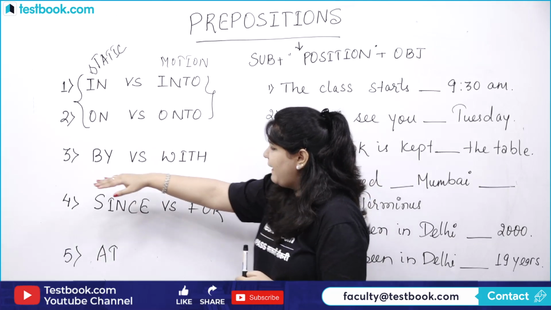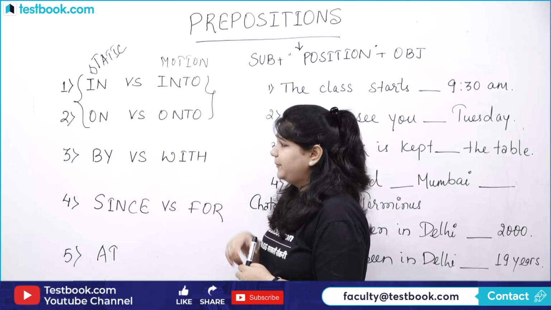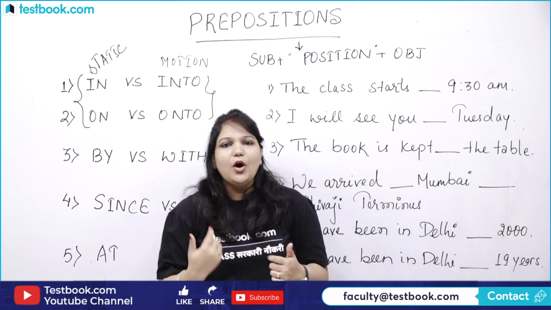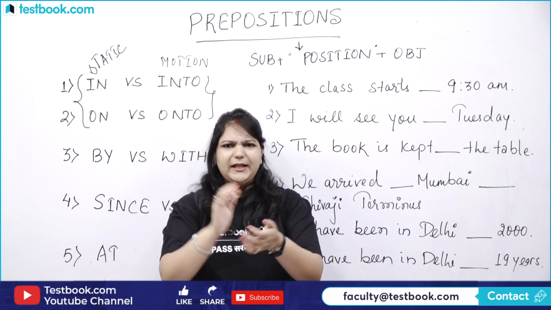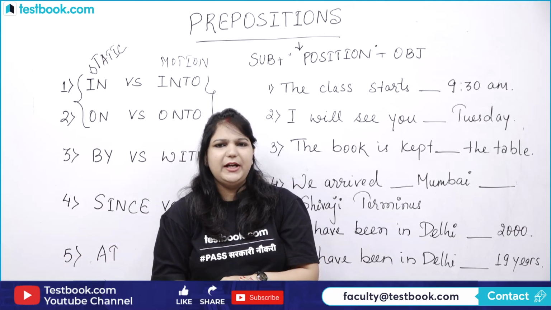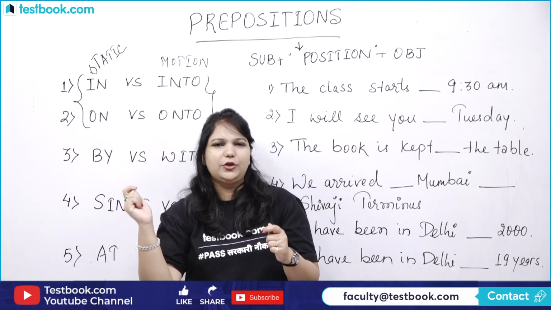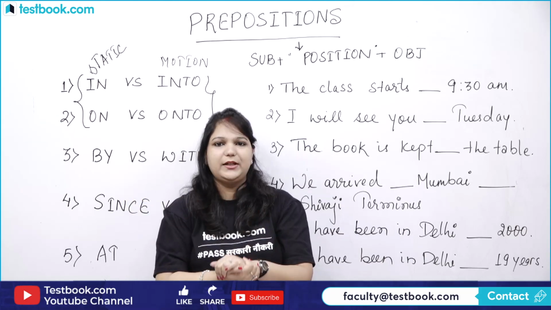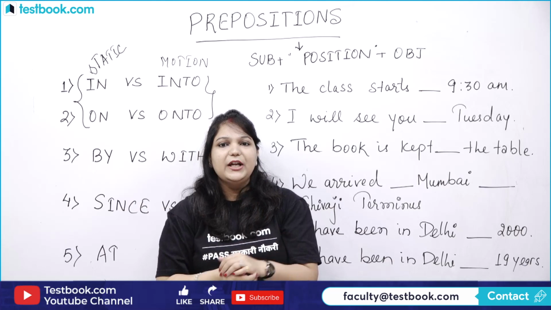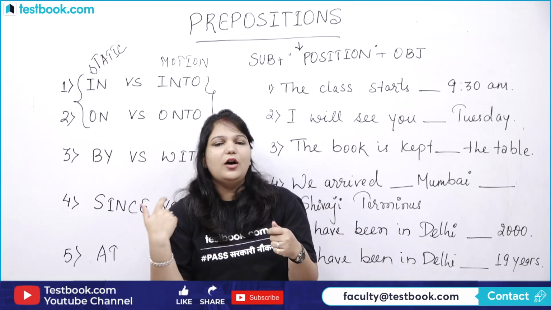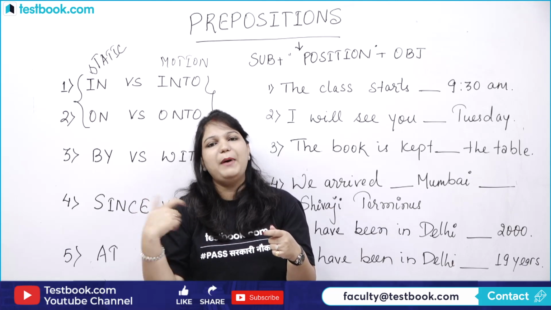Then it goes with by versus with. For example, when you are going home, let's say you found a dog on the street, right? And you wanted to beat that dog with a stick or by a stick. So what should be your sentence? I strike the dog with a stick, or I strike the dog by a stick.